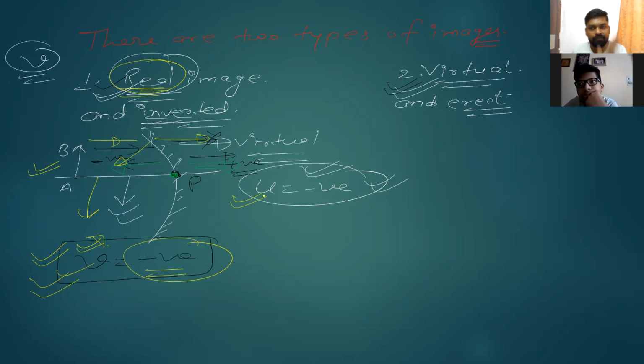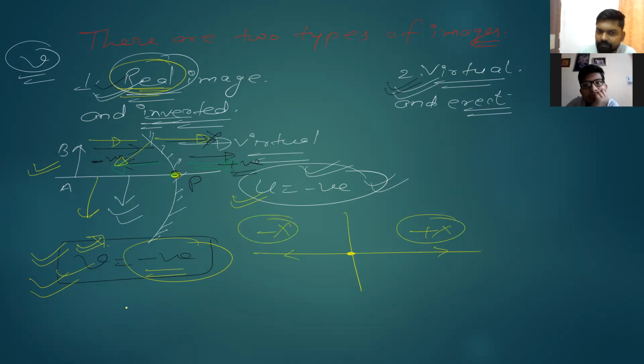All the distances of right side will be positive. Because pole is treated as origin. Consider that this is pole. So this side should be positive and this side should be negative. Is it okay or not?